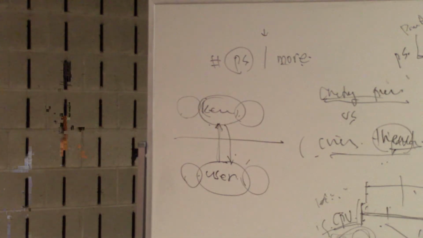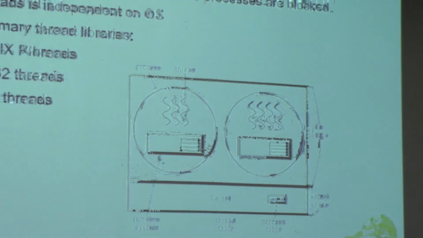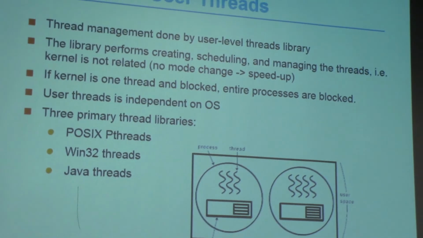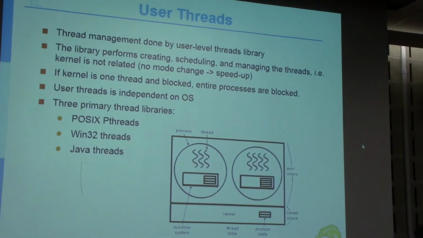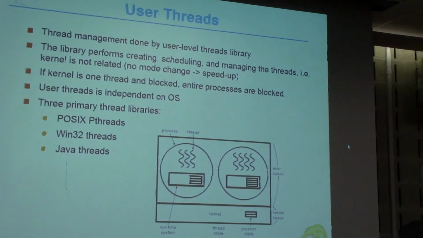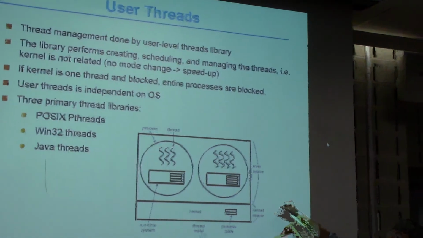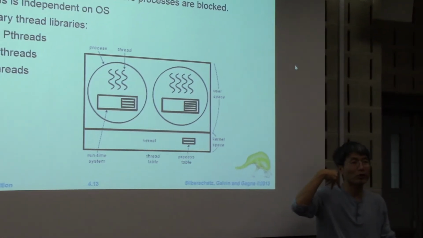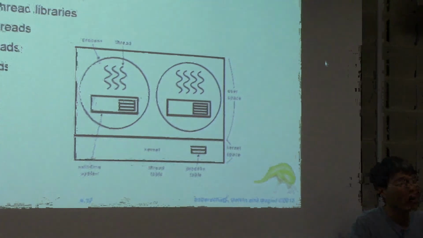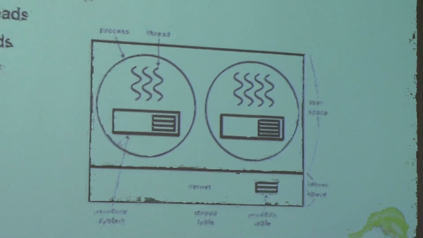Such a thread can be managed at the user level, during user mode. But if the kernel blocks, or the kernel is taking the job of the user request, no matter how many user threads you have, the entire process will be blocked.